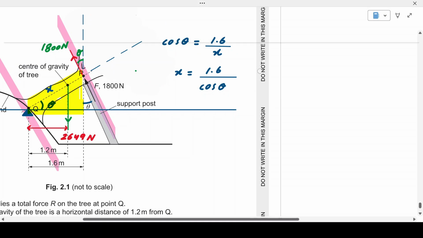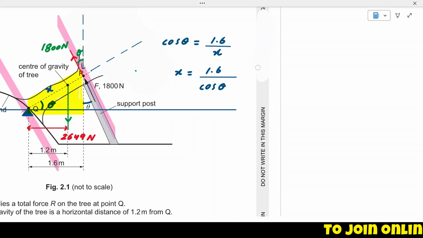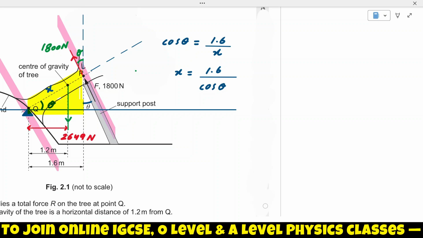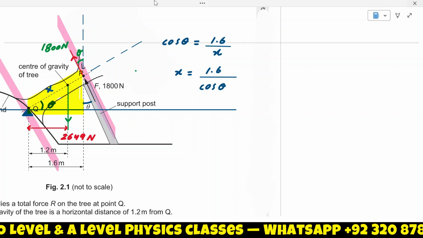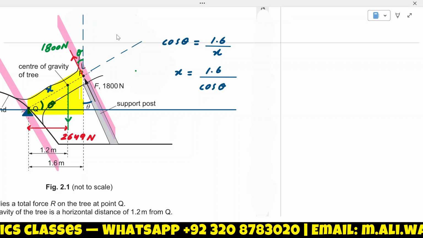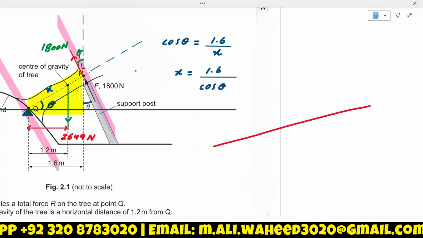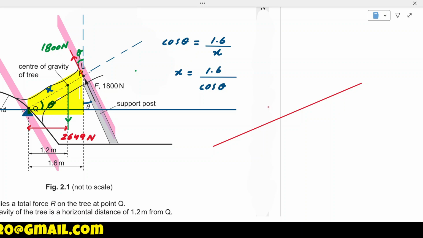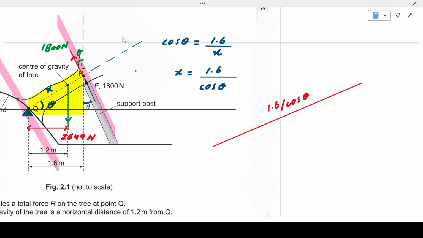If I try to draw the new diagram for your convenience, other than every irrelevant thing, it should look something like this. We have a beam. This distance is 1.6 divided by cos theta. Looks unusual. This is not a value of distance. This is just an expression.